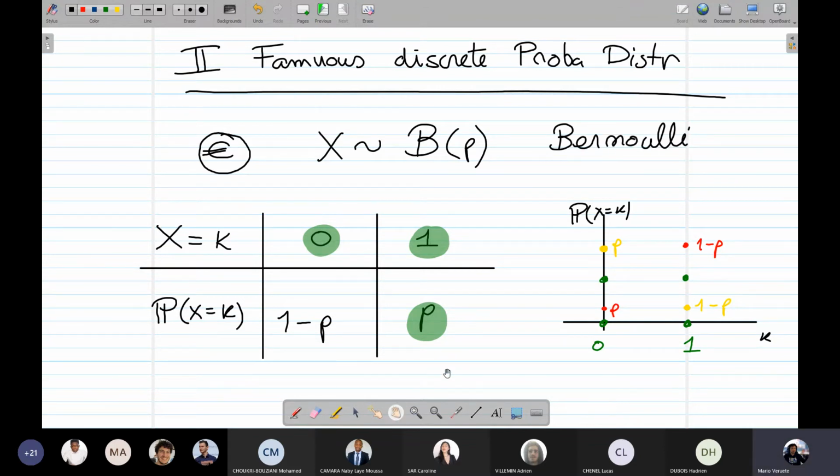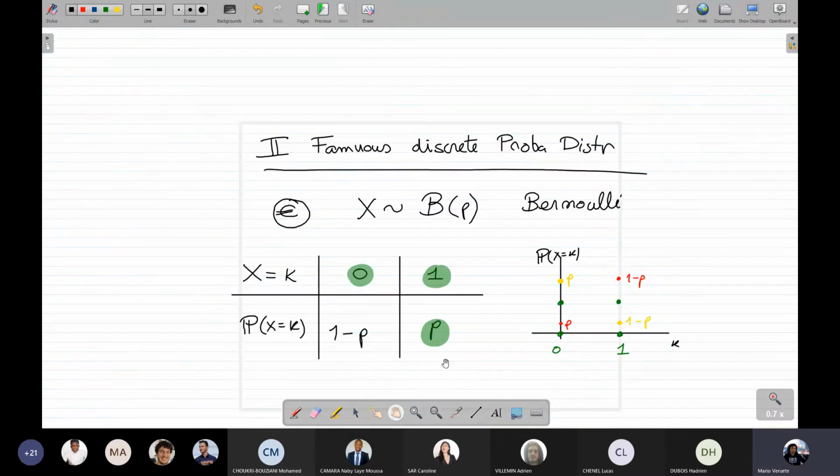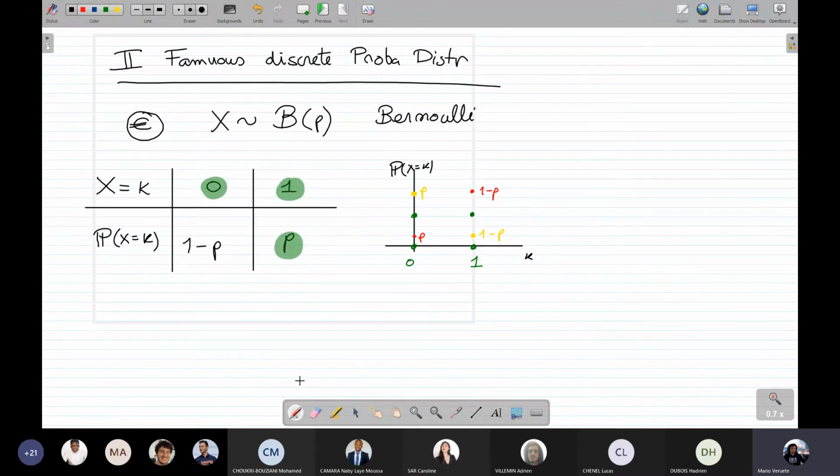Now, you can compute for the Bernoulli distribution the expectation and the variance. So what is the expectation of X? Well, it's just the sum of K times the probability that X takes the value K for K equals 0 to 1, because I have only two values.